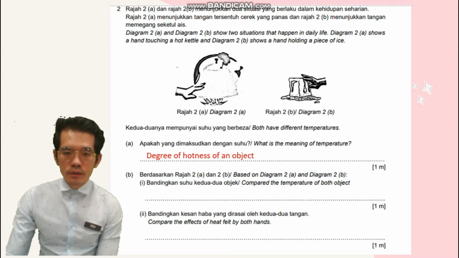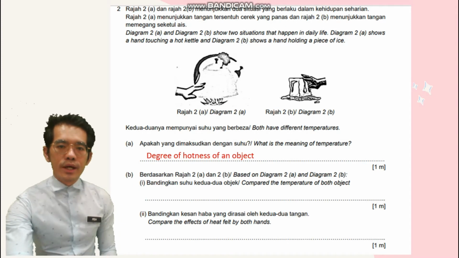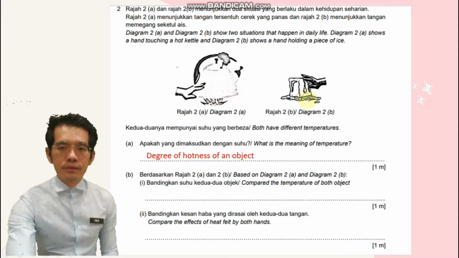Question B1. Based on diagram 2A and 2B, compare the temperature of both objects. The object in diagram 2A is the hot kettle, and the object in diagram 2B is a piece of ice.